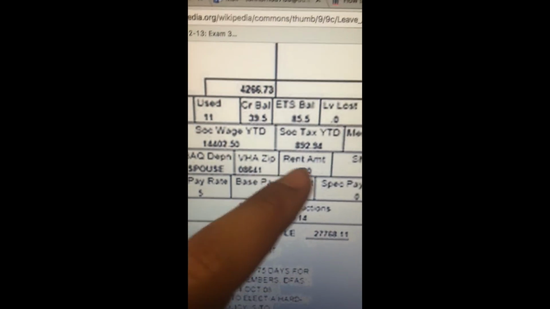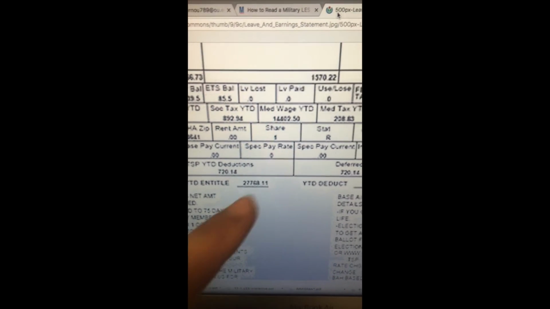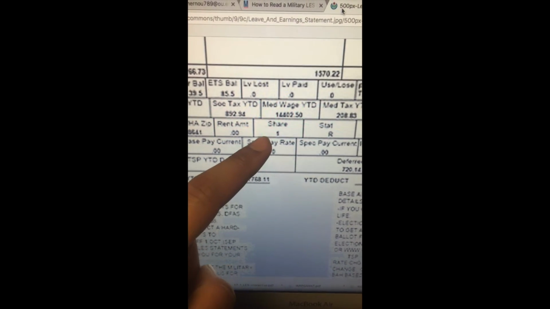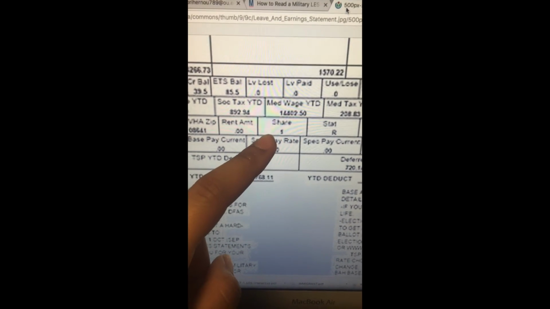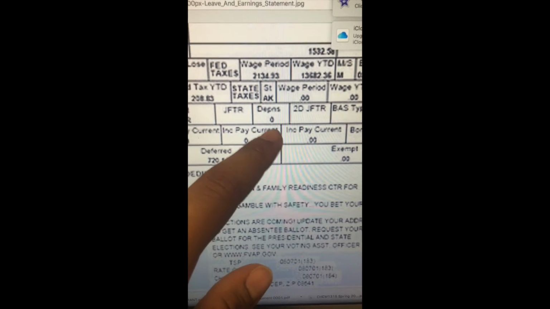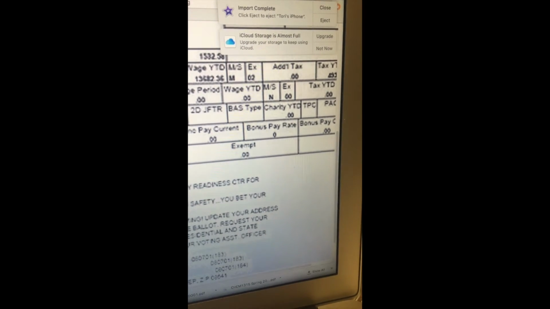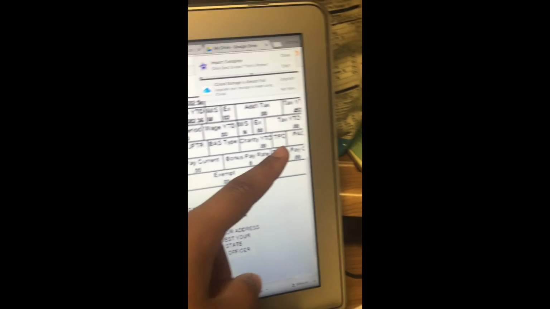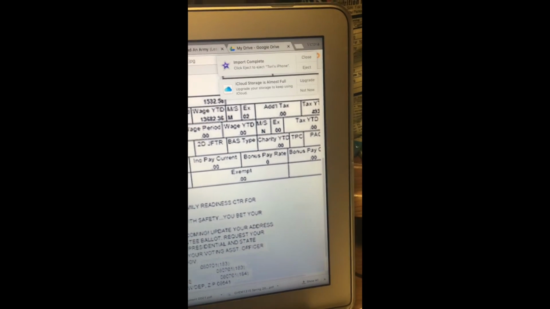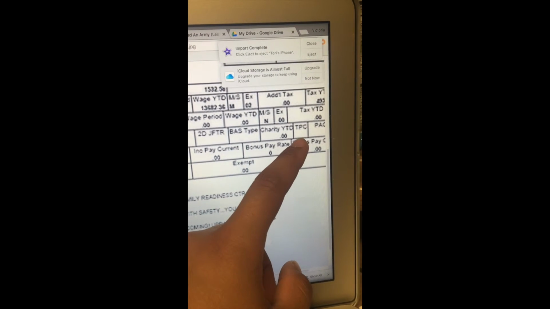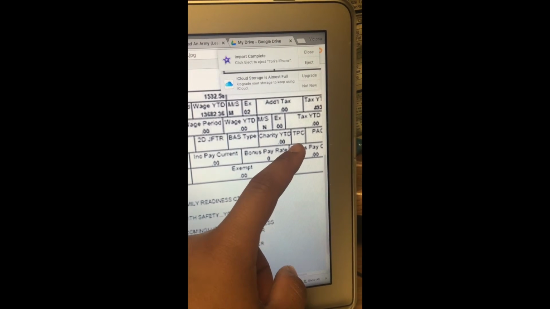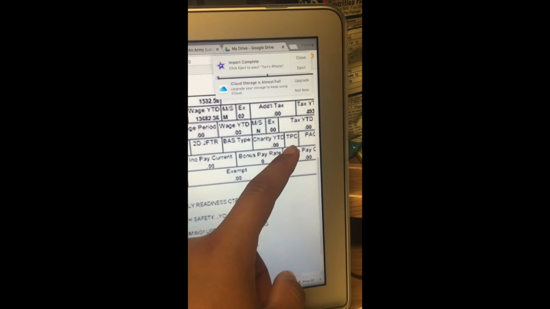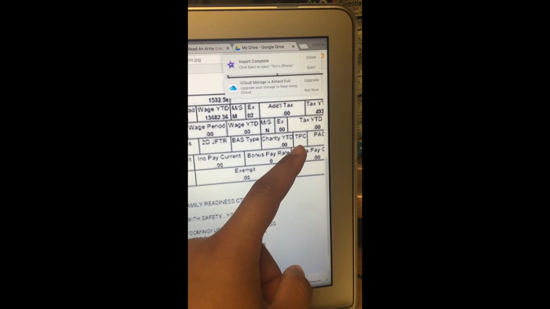Then we have the zip code, the amount paid for rent housing, the amount of people that you share housing costs with, number of dependents. So this is the amount taken out to charity. This is a training program code. It's usually used for National Guard and Reserves, and it depends on your situation what code you'll get.